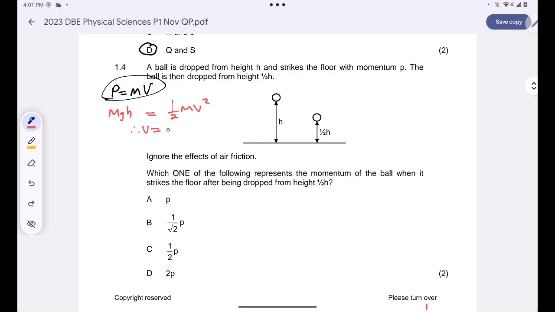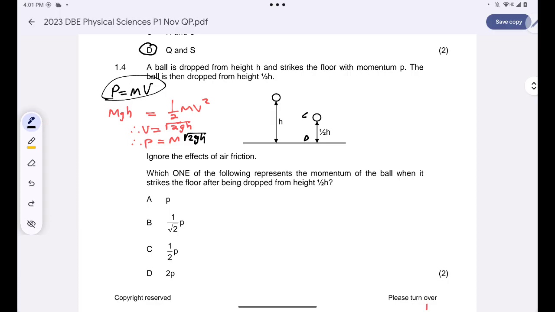You'll simply find out that V is equal to the square root of 2 multiplied by GH. So therefore, our momentum will be MV, right? Now we do know the value of V. So it will be M multiplied by the square root of 2 times GH.